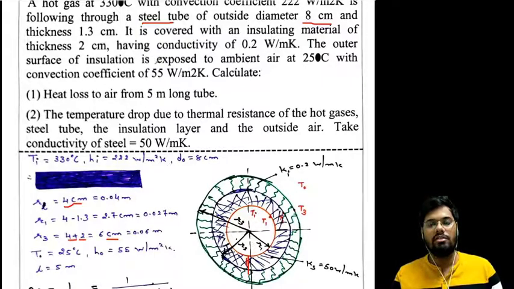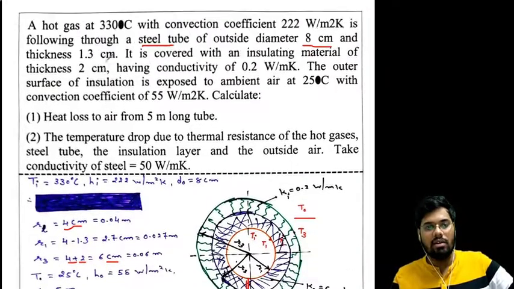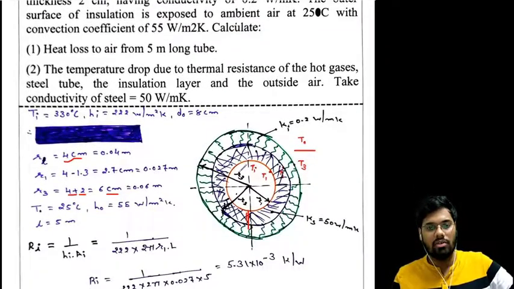The outer surface of the insulation is exposed to ambient air, which is at 25 degrees Celsius. Let's take that temperature as To, so To is 25 degrees Celsius, and inside this tube hot gases are flowing. Let's take the temperature of those hot gases as Ti, which is 330 degrees Celsius.